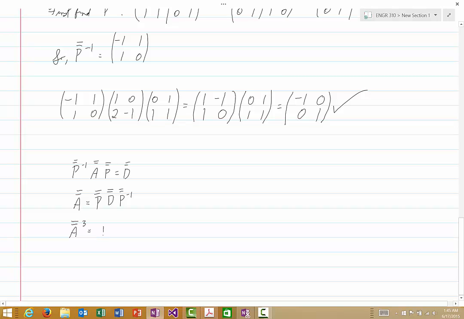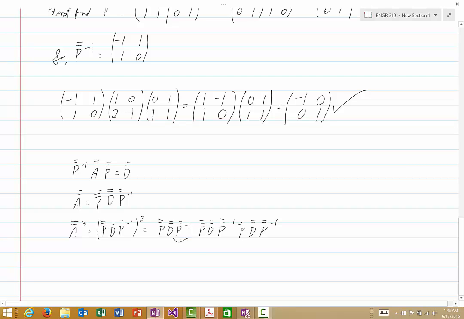Well, that's the same as P D P inverse raised to the third power, which is P D P inverse times P D P inverse times P D P inverse.